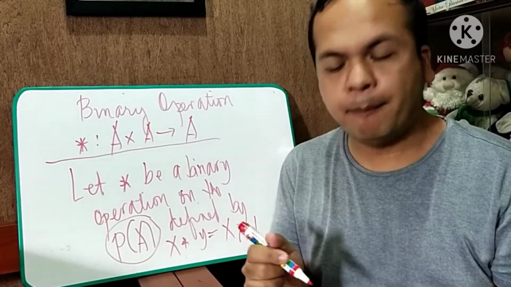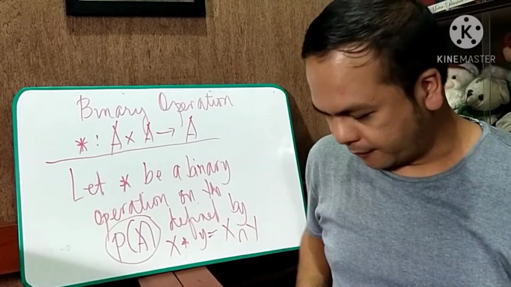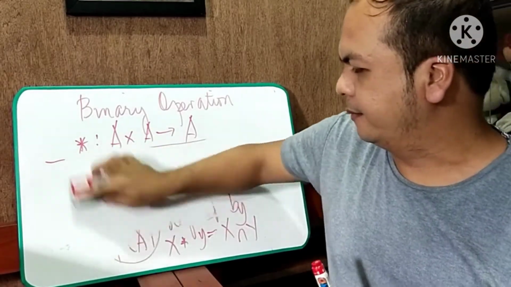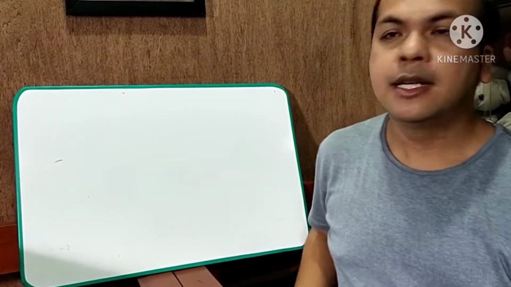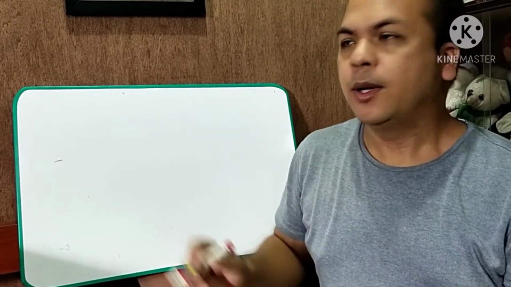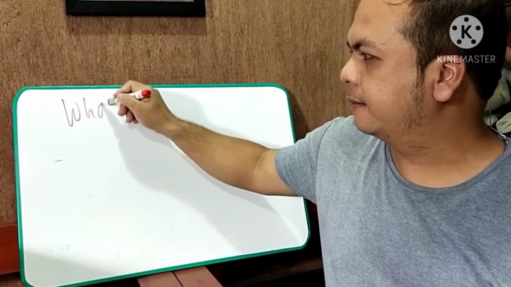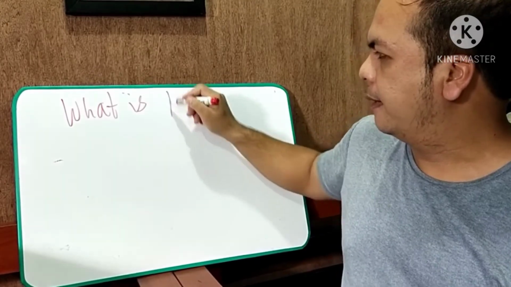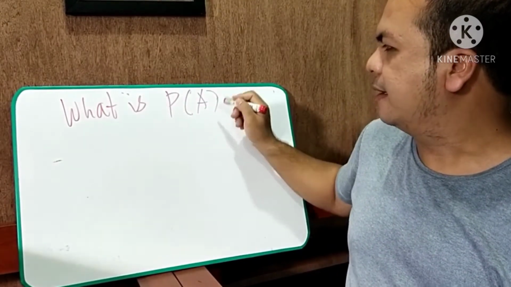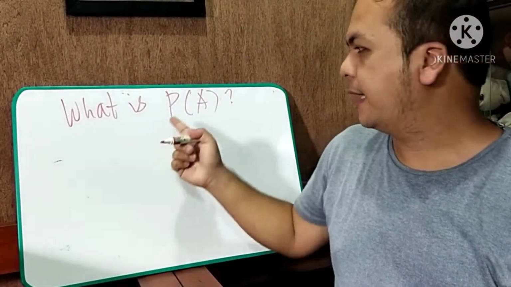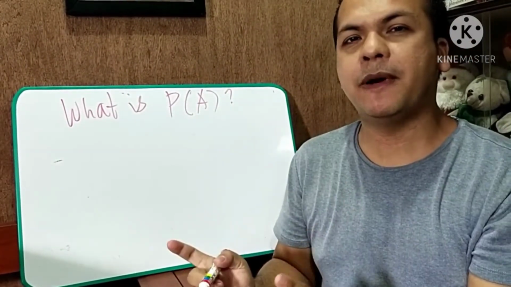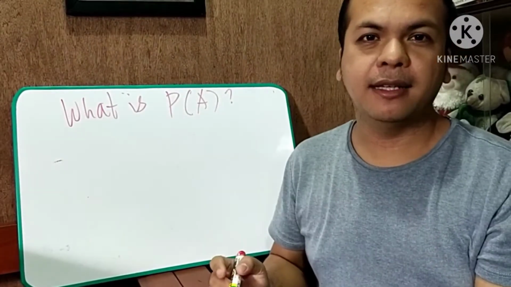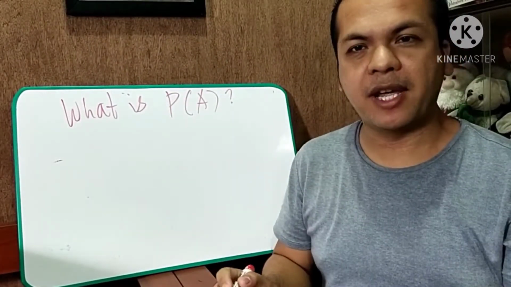So, what is a power set of A? Let's denote that as P of A: capital P, then open and close parentheses, capital A. So, that is the power set of A.